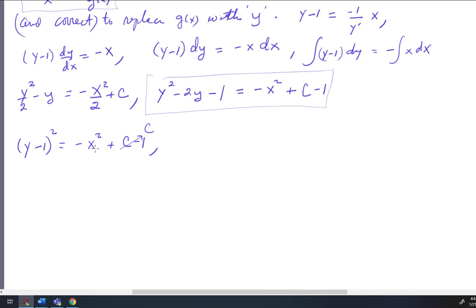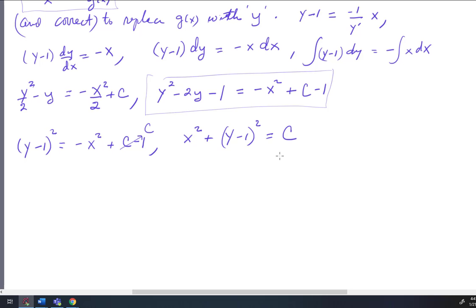So almost done here. Let's transpose this x squared, and we get x squared plus y minus 1 squared is equal to c.